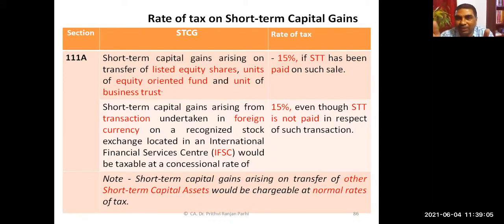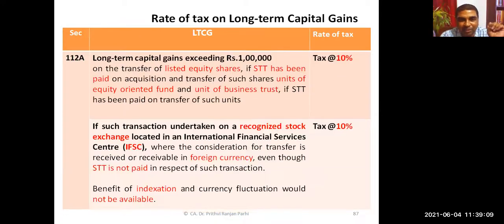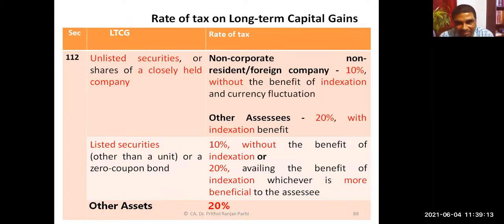But let us say you postpone the transfer for one more month. It will become long term. In long term, you have to pay tax at 20%. So one can plan the time of transfer accordingly. Long-term capital gain tax rate is low, so one would definitely prefer to convert a capital asset from short term to long term.